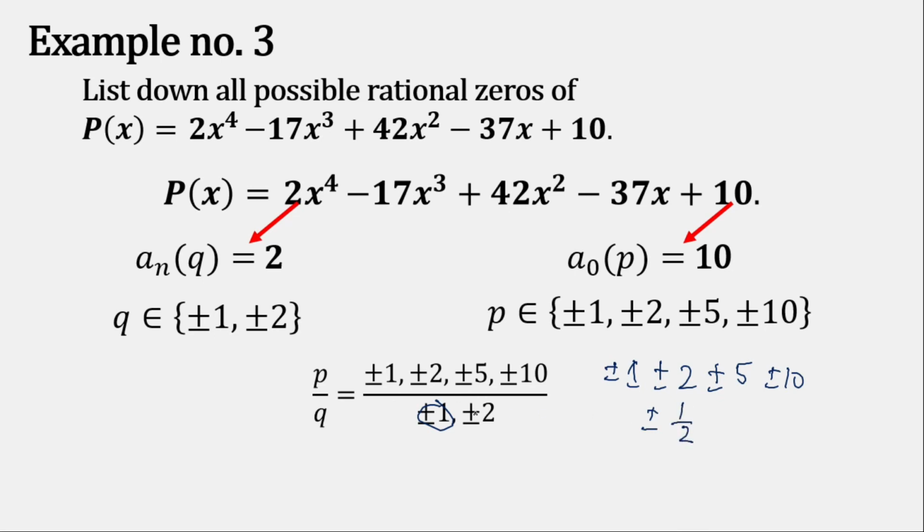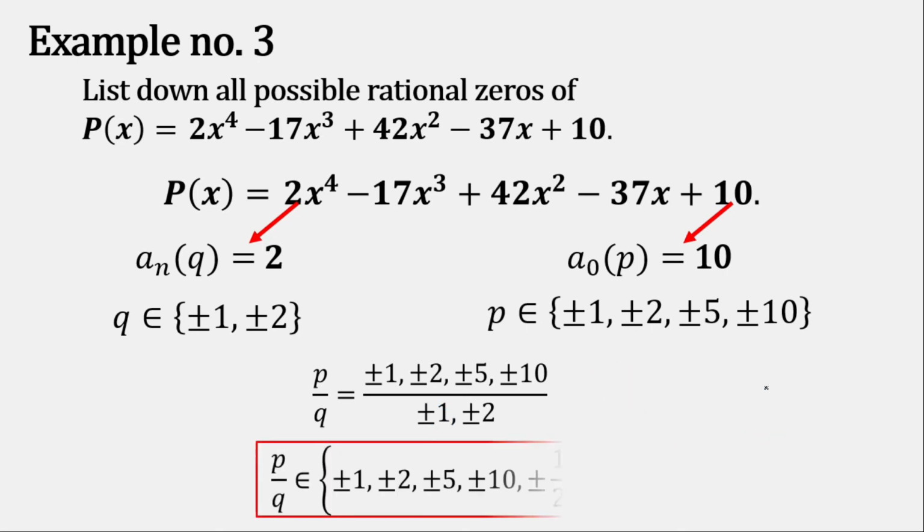Then 2 divided by 2 is 1. We already have 1 in our list, so we don't need to write it again. 5 divided by 2 is positive negative 5 over 2. And 10 divided by 2 is 5. Again, 5 is on our list already, so we don't need to write it again.